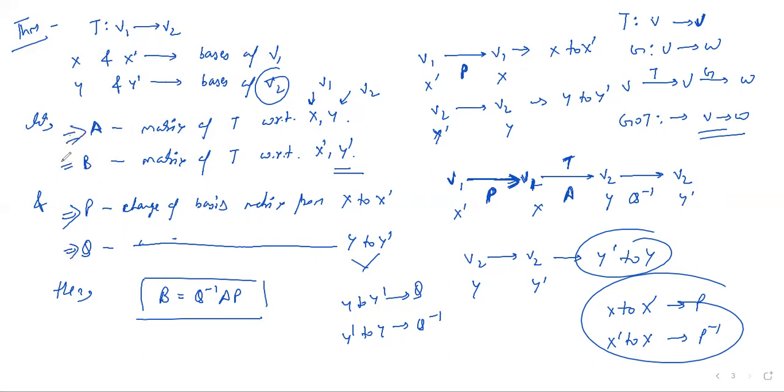Now we have to find the matrix B, which is the matrix of the mapping T with respect to x dash and y dash.